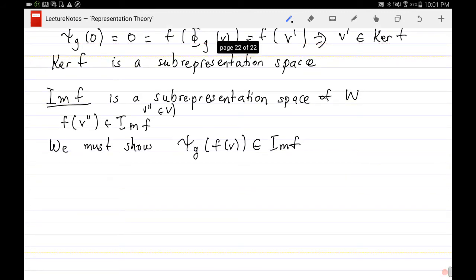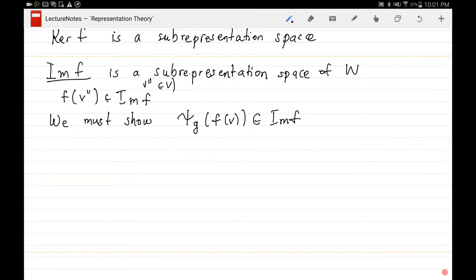Again, trying to be careful here. We have that psi of G acting on F of V, using the definition of what a group representation morphism is supposed to be, we have the following, and we can then call this V triple prime.